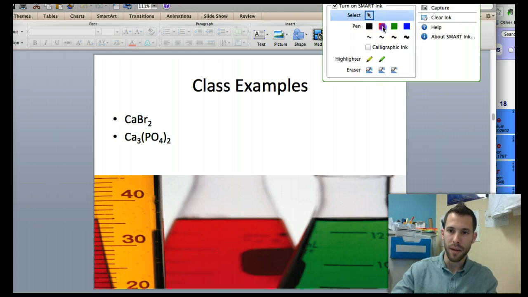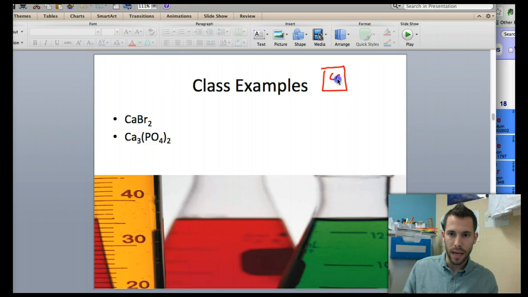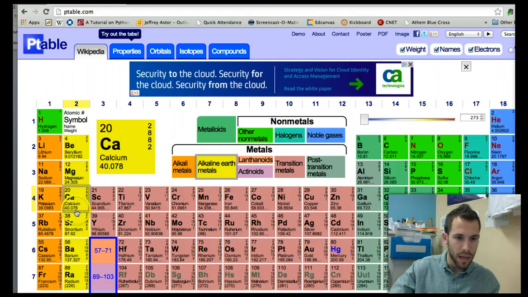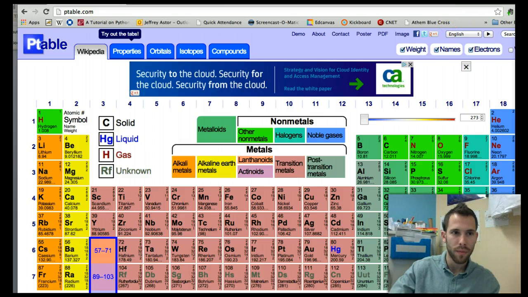Here we have CaBr2. So I'm dealing with calcium and bromine. First, I need to identify the molar mass of both of these elements. I think the best way to do it would probably be check out my handy dandy periodic table. Calcium has a molar mass of about 40. Bromine has a molar mass of about 80, 79.9.